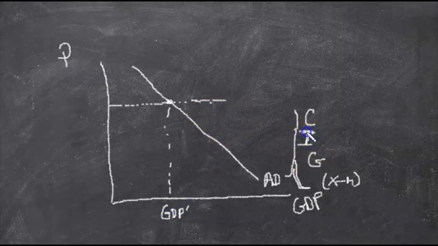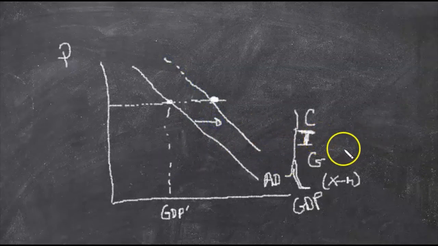If companies say, oh, the economy is going to become really, really powerful and consumption is going to grow in the future, they're going to say, well, we better invest now. I haven't changed the price, but they're going to say, I want to invest more. And so we see a shift in demand because investment goes up. Maybe consumption doesn't change or government spending doesn't change, but investment goes up.